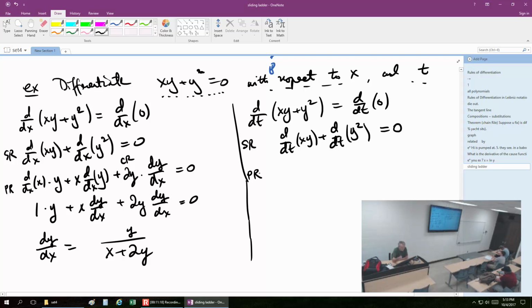So I'm writing out the product rule for this: d/dt of x times y plus x times d/dt of y. Look at it, it's almost exactly the same. Only the denominator of d/dx becomes d/dt. That's the only difference. So that's the product rule.